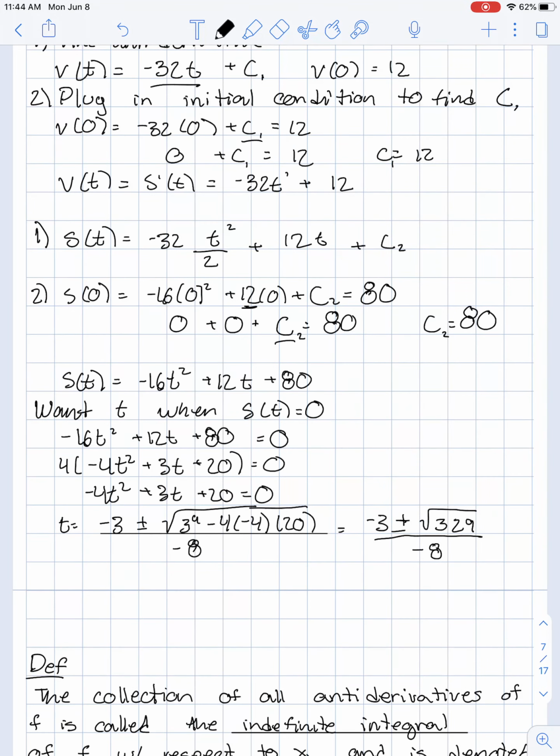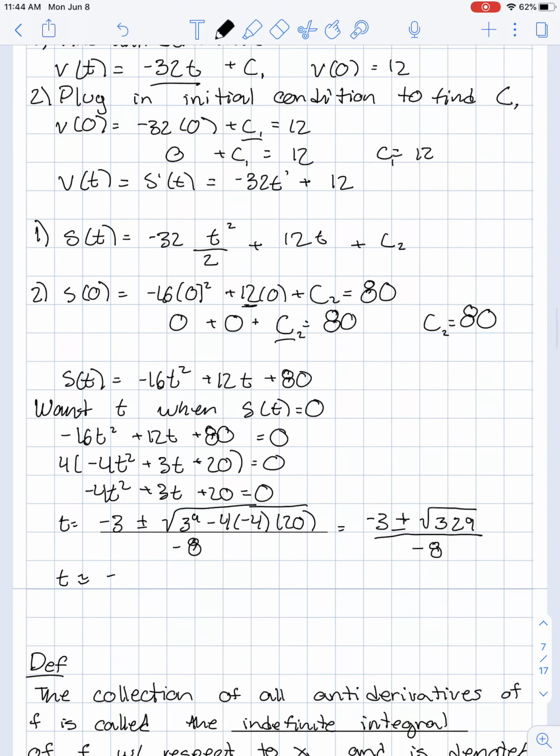So the quadratic formula gives us two answers, so t is either negative 1.89 or t is approximately 2.64. Remember that the package is dropped at time 0, so I don't think we can choose a negative time. That has no physical meaning.